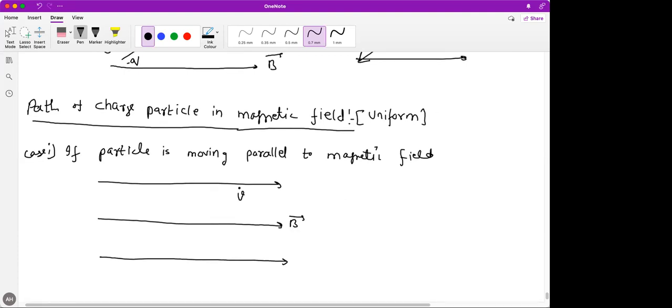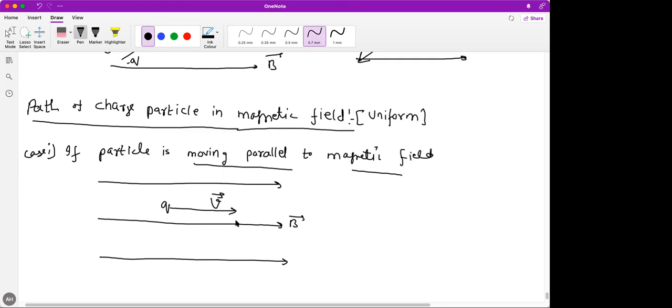What is the angle between velocity and magnetic field if the particle is moving parallel to the field? Like this is your charged particle, this is the velocity of the charged particle. 0 degree. And what would be the magnetic force?